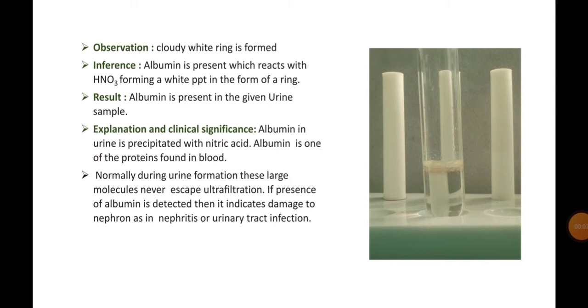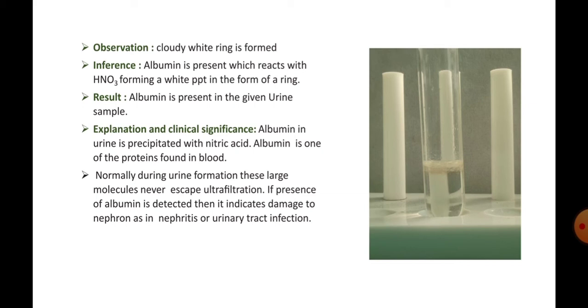So students, as you have seen in the test performed, there was a cloudy white ring that was formed in the test tube. And this cloudy white ring indicates that albumin is present, which reacted with nitric acid, forming a white precipitate in the form of a ring. And so this test is known as nitric acid ring test. Albumin in urine gets precipitated with nitric acid.